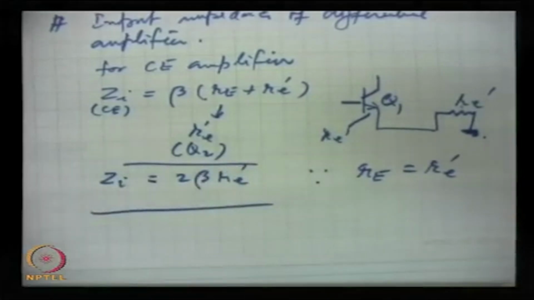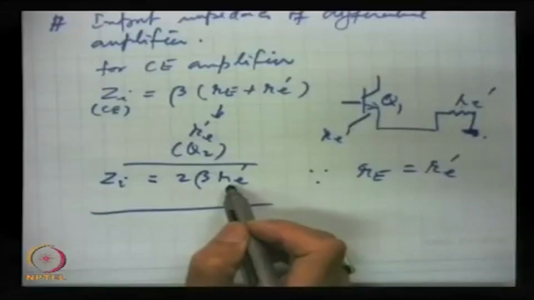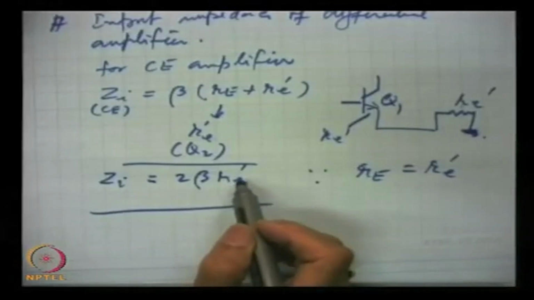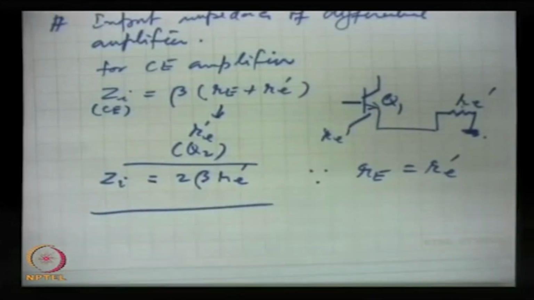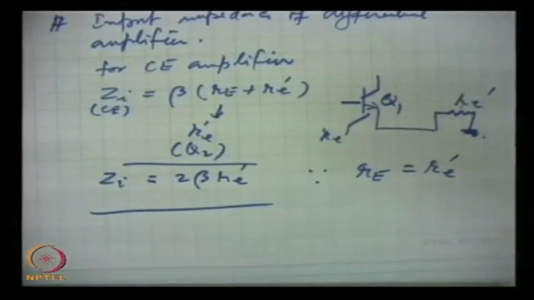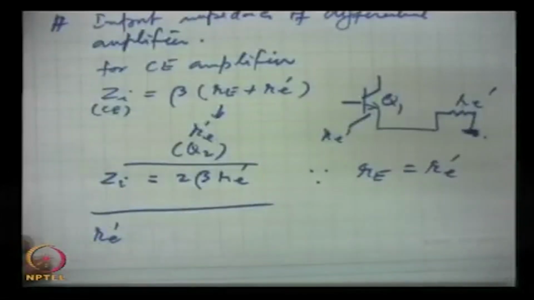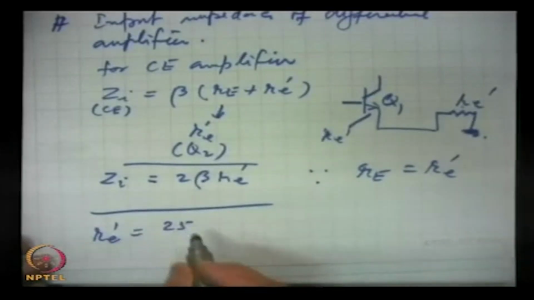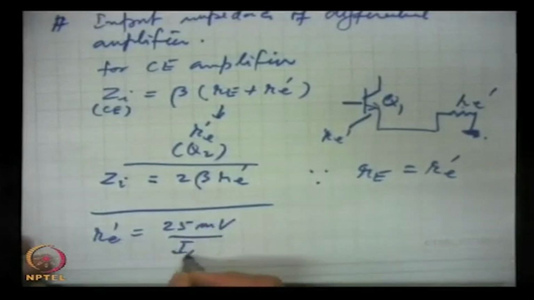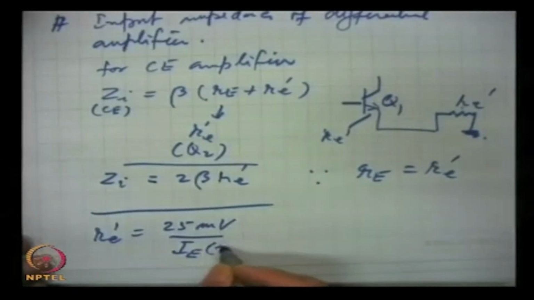In normal small signal amplifiers having one input, like CE, this RE prime was 25 ohms, but when we multiply with beta, that comes out to be reasonably high, 1 or 2 kilo ohms. In this case, RE prime, if you remember, the dynamic emitter resistance of the transistor, is by definition 25 millivolts by IE in milliamperes.